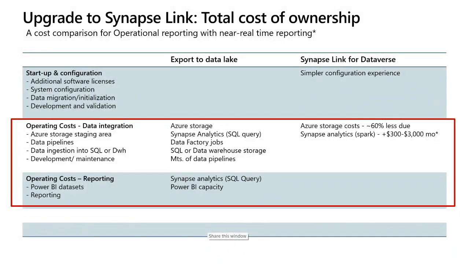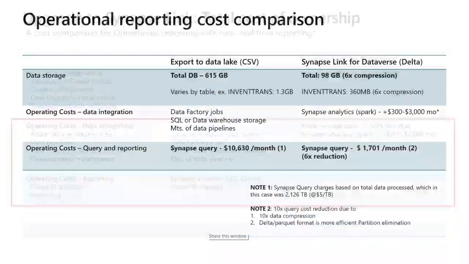However, the storage is much more compressed, and as a result, your reporting costs are going to be way less. So what we mean by reducing cost of ownership is that, because of the Delta Parquet format and some of the improvements and simplifications that we've made, your overall cost of running this export process is going to come down.